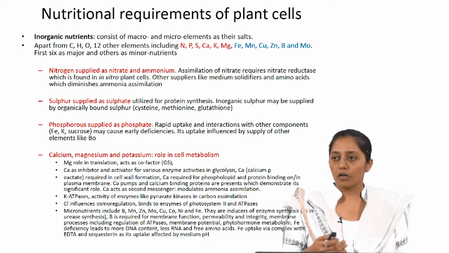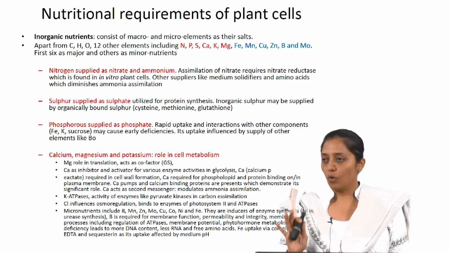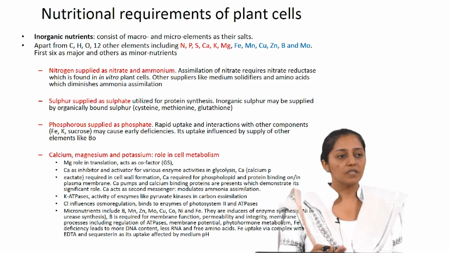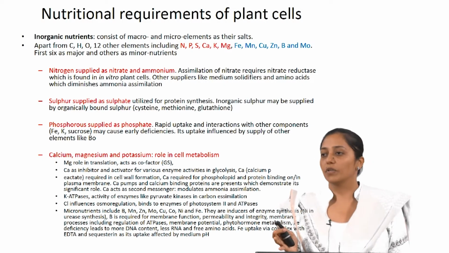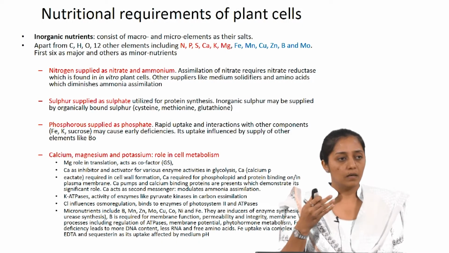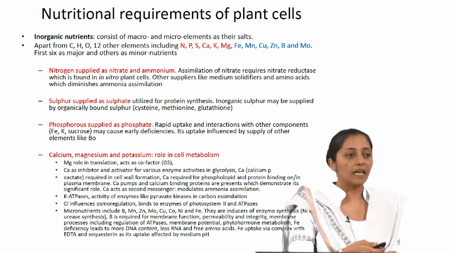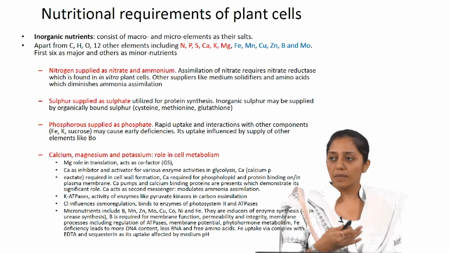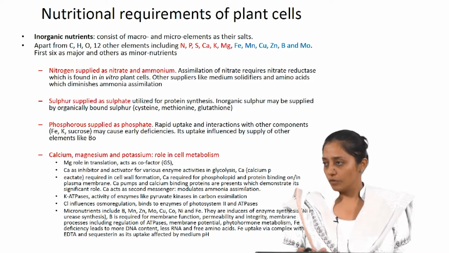So, now let us talk about the nitrogen which is supplied. In whole plants in nature, nitrogen is assimilated in the form of nitrate or ammonium ions. There are ammonia transporters, and there are many nitrate transporters. So, inorganic salts of nitrates are assimilated by the plant, mixed in the xylem and through minerals.